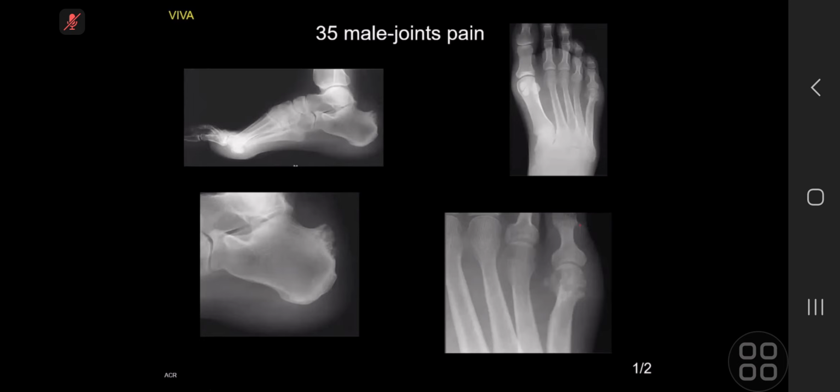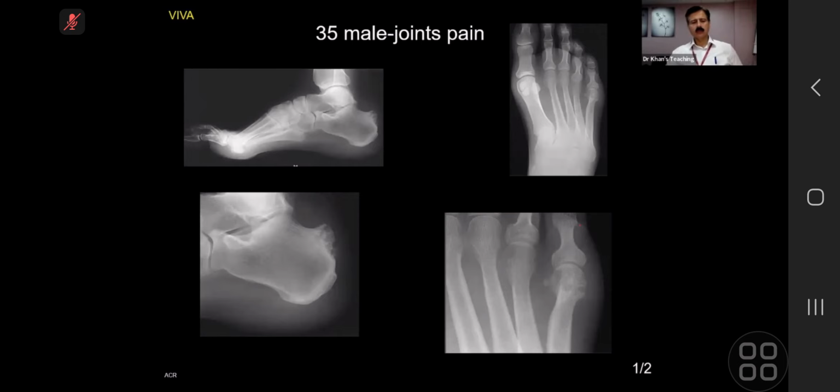There are abnormalities at the posterior superior aspect of the calcaneum where there's fragmentation and erosion. And then looking at the fifth metatarsophalangeal joint, there's relatively preserved joint space, but there are just juxta-articular erosions bilaterally, I mean on both sides of the joint rather than both feet, which aren't shown.